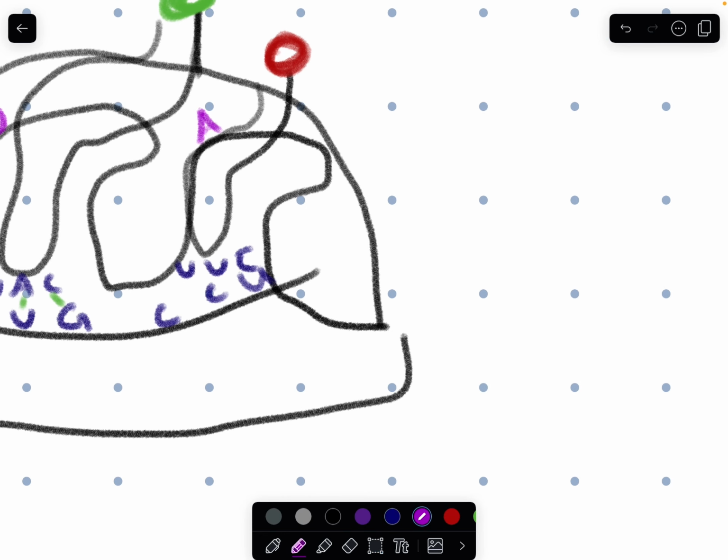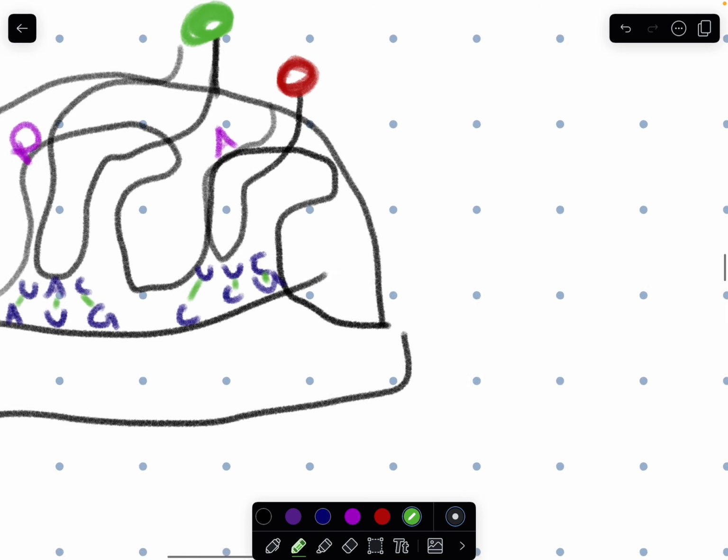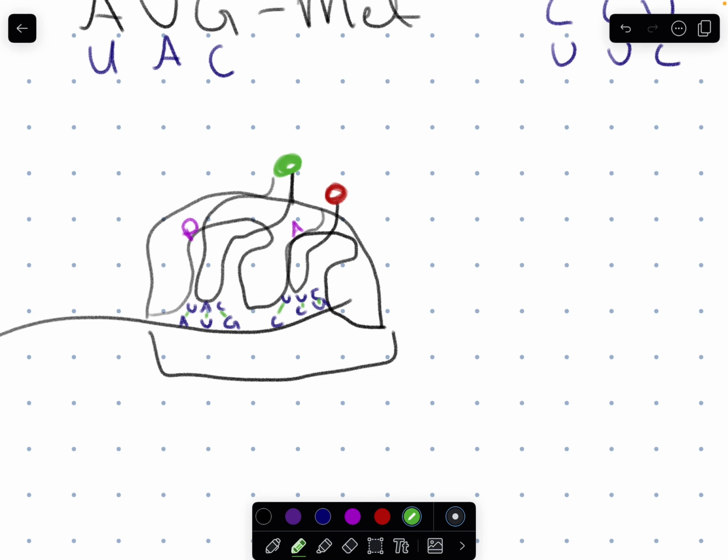And same thing here, we see that we have our C and our U, they match, they form bonds, our U and our C and our U again, which is pretty cool.